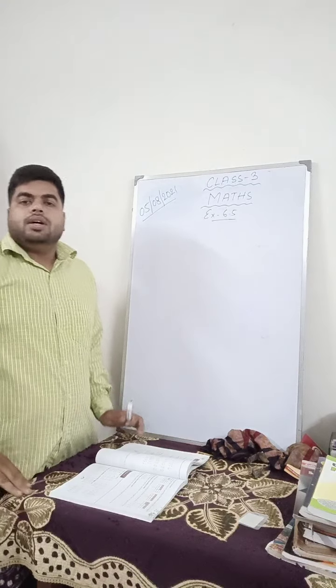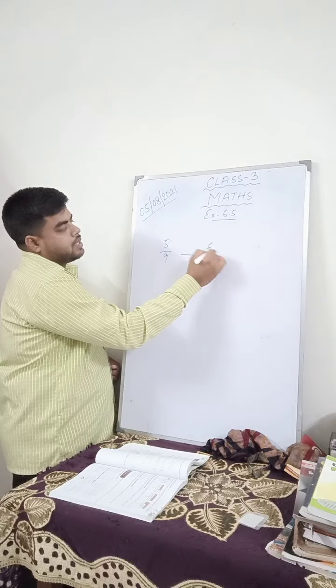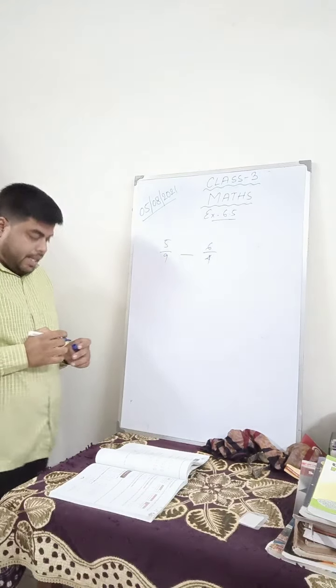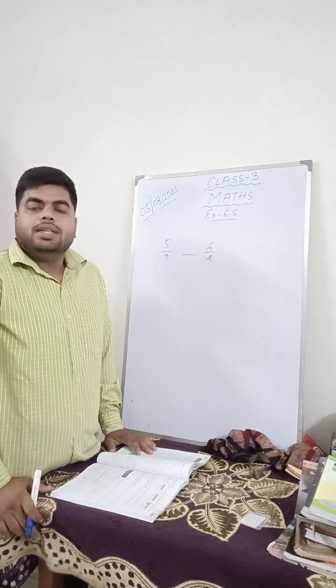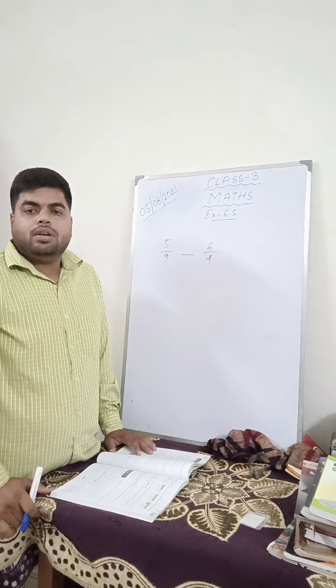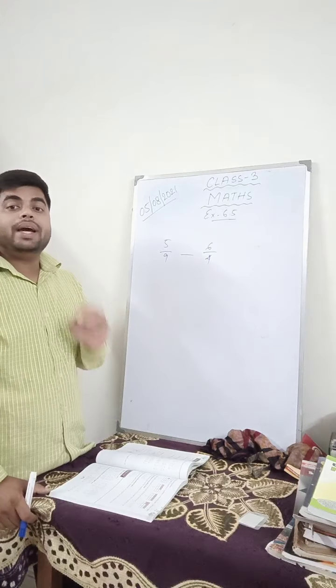In fractions also, you have to compare. How will you compare? Suppose if they give you say 5 by 9 and 6 by 4. In this case, which one is greater? It will be very difficult for you to understand, because this is only the beginning for you all to learn what is fraction. So to know which one is greater or which one is smaller, you have to first make them like fraction.